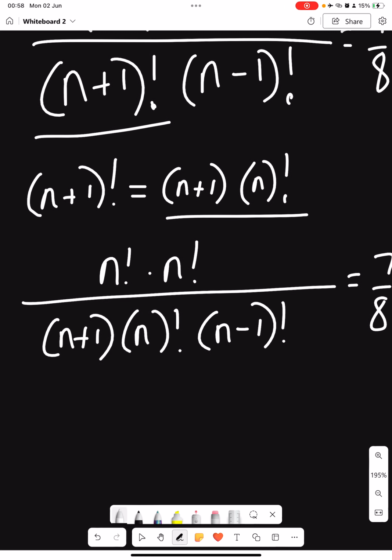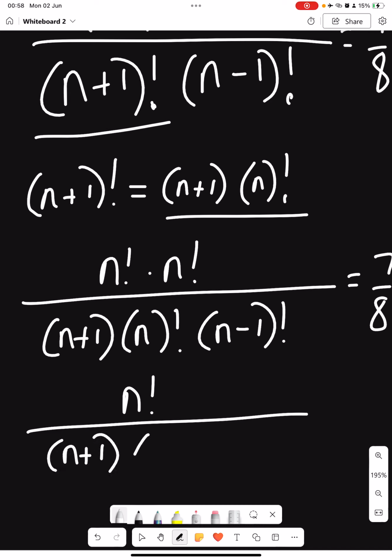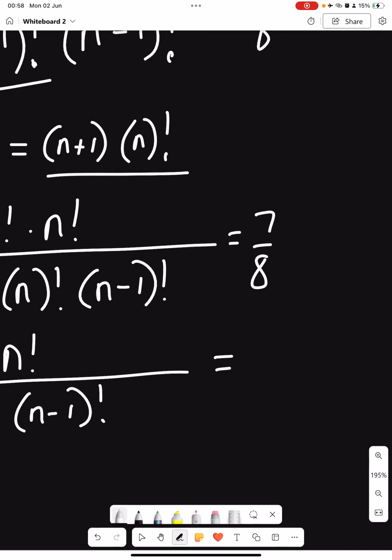And ladies and gentlemen, we can now see that this one and that one are going to cancel because they're exactly the same. So we're going to have n factorial all over n plus 1, then we're going to have n minus 1 factorial, which is equal to 7 over 8.